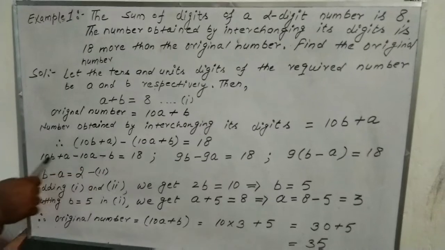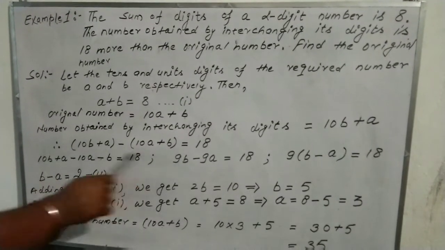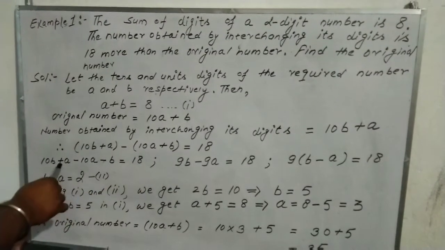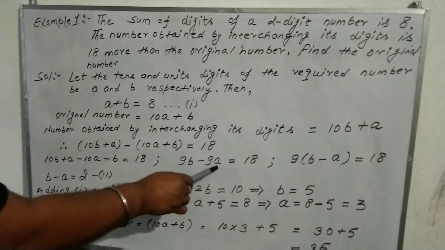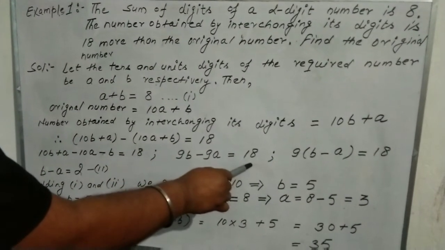So 10B minus B is equal to 9B, and A minus 10A is equal to minus 9A. Therefore 9B minus 9A is equal to 18.